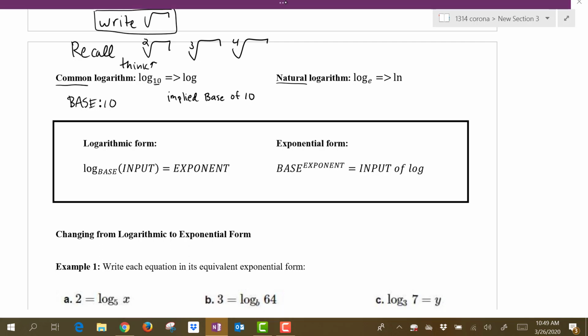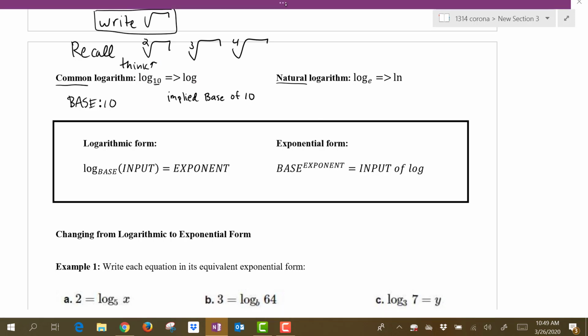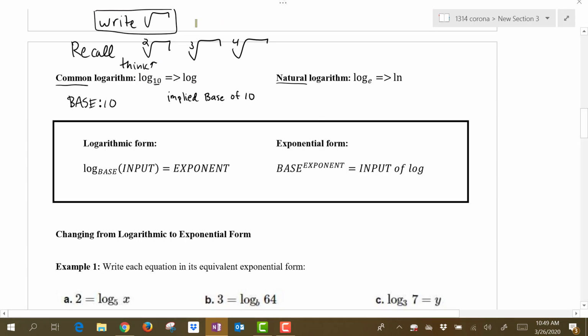And that's what we do here in the case of the common log. You can think log base 10 with the 10 there, but how you write it is log without the base 10. So that's an implied base 10. The natural log, something similar.